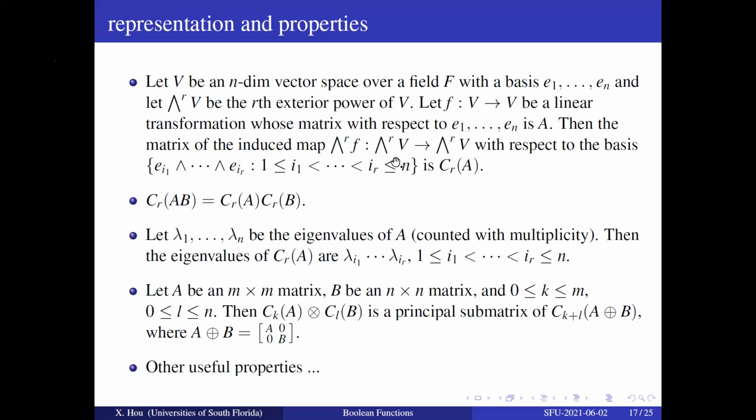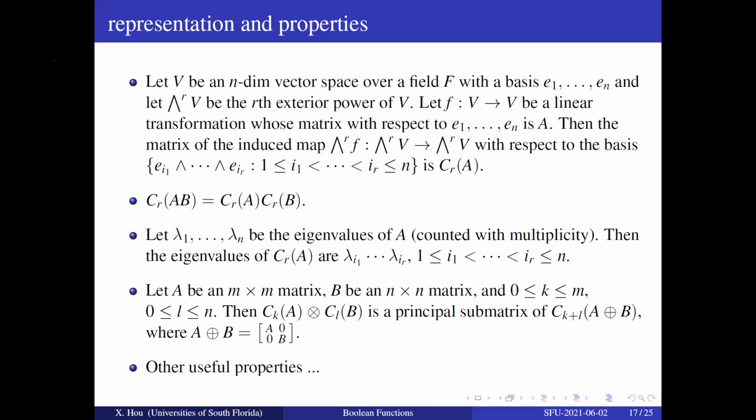Therefore the basis of the exterior power is indexed by r-element subsets of 1 through n. And it turns out that the induced map of the linear transformation with respect to this basis is precisely the rth compound.